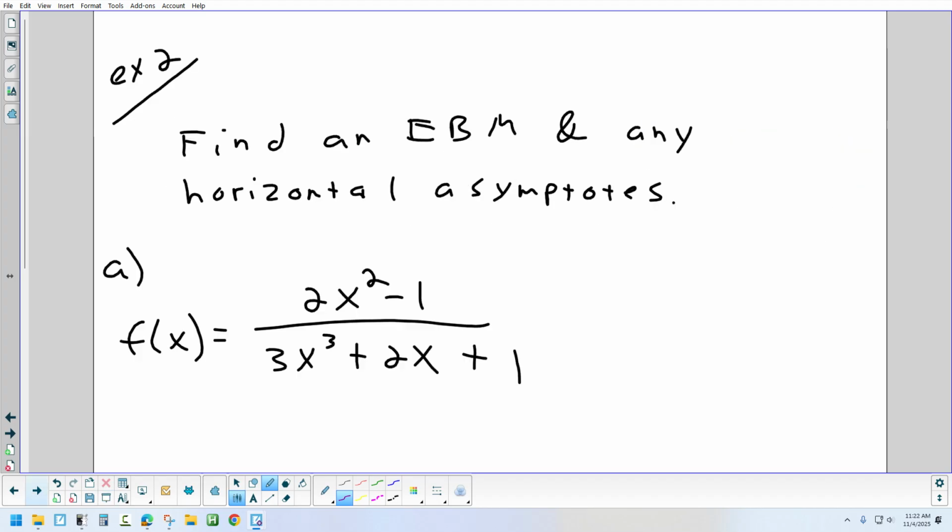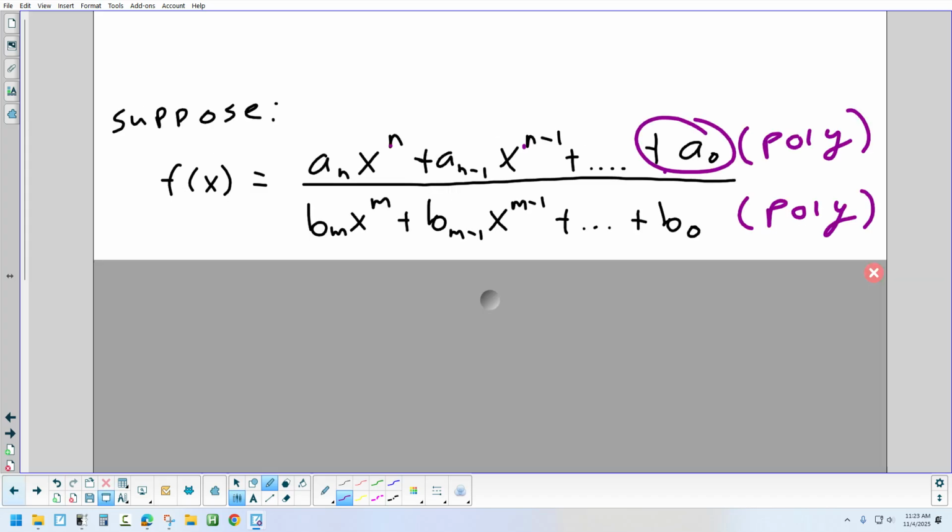Like this. We have an exponent of a 3, then it goes down to a 1, then we don't even have a letter. We're down to a constant. You don't have to have every power from the highest to the lowest. Like I have the 3, I have a 1. I don't have x squared in the bottom. That's fine. But that's the general idea. Some kind of polynomial in the top, some kind of polynomial in the bottom.